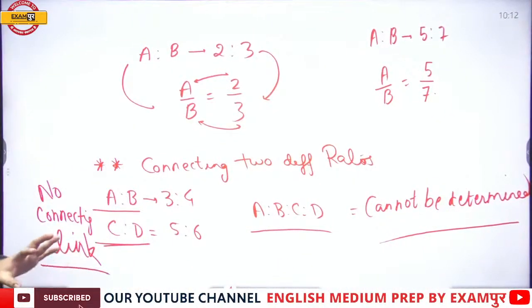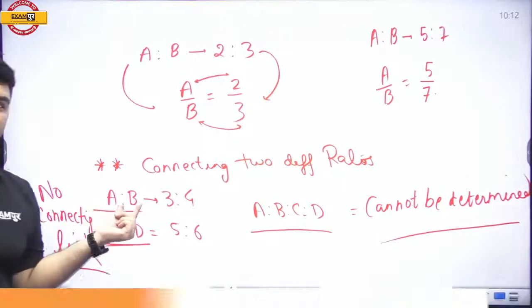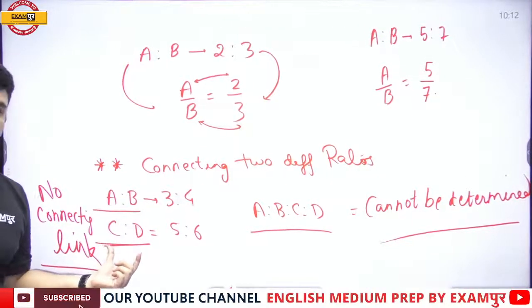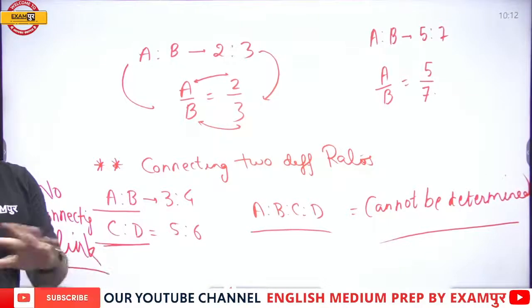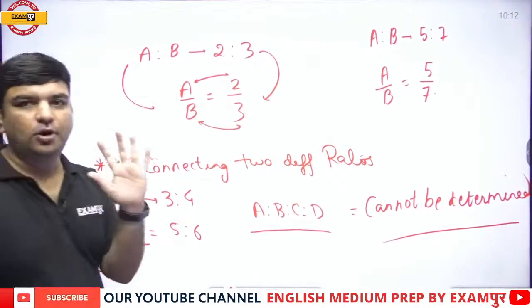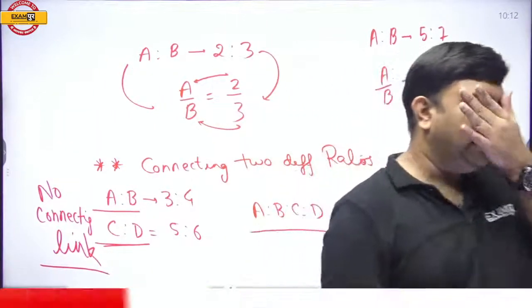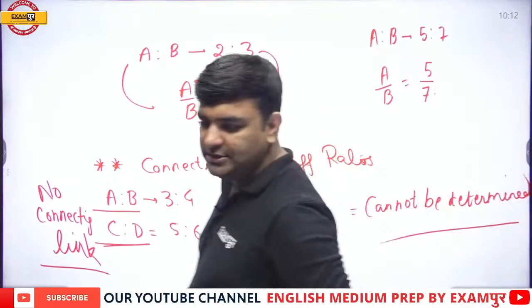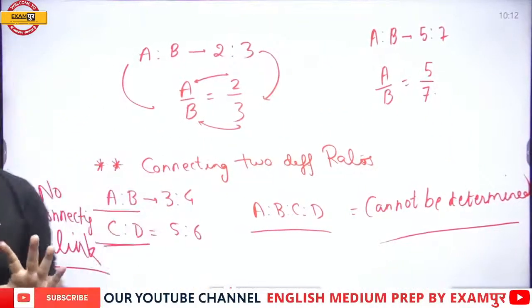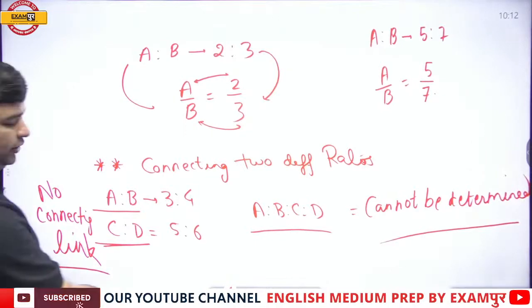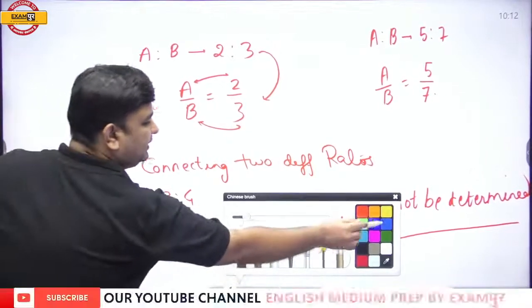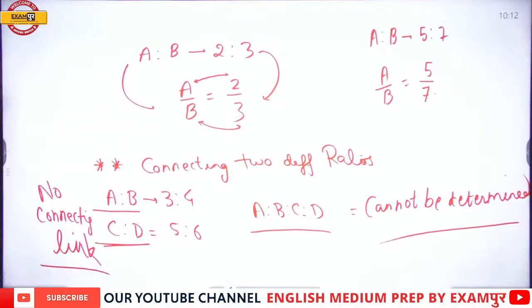So there is A ratio B in the first, C ratio D in the second, no connecting link. We cannot connect ratios. That's a conceptual point. Please note it down. There should be a connecting link to connect the ratios.